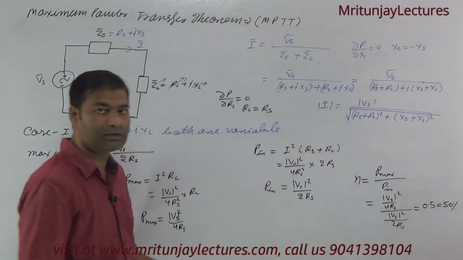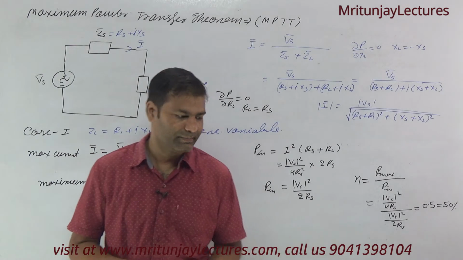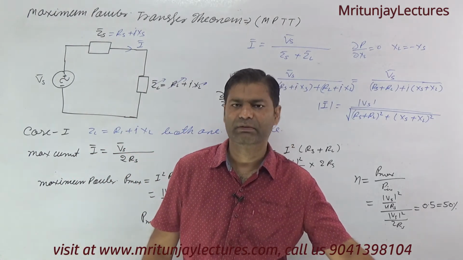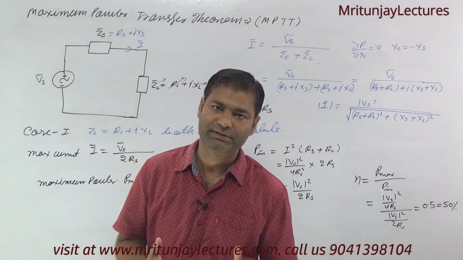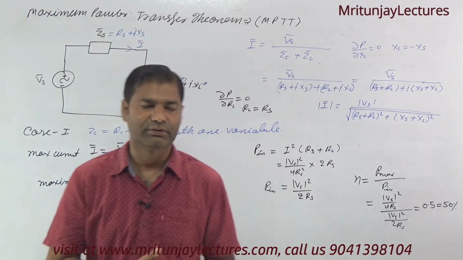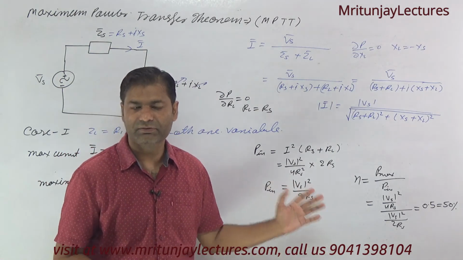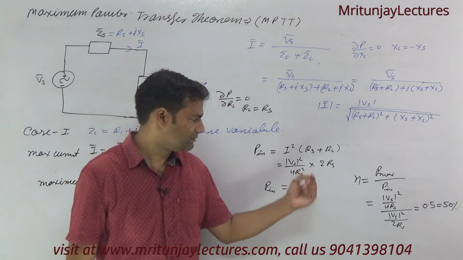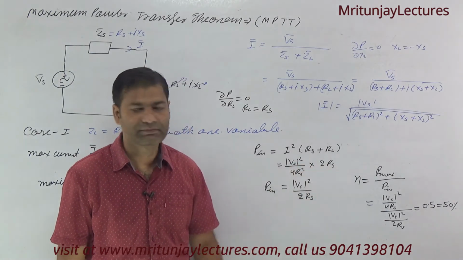What is the significance? If you use maximum power transfer for any machine or transformer, the efficiency is half, very poor efficiency. So never use it for maximum power, because 50% losses are created, that's why efficiency is very poor.